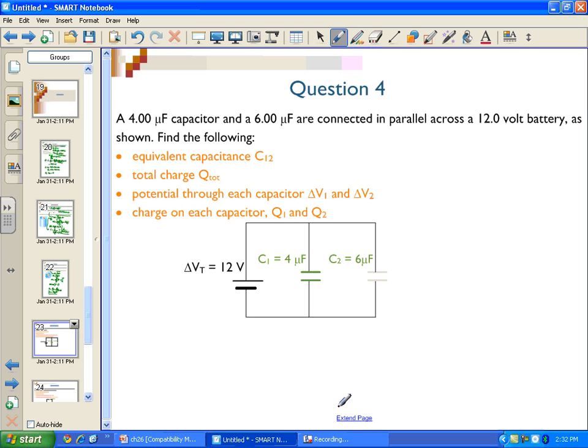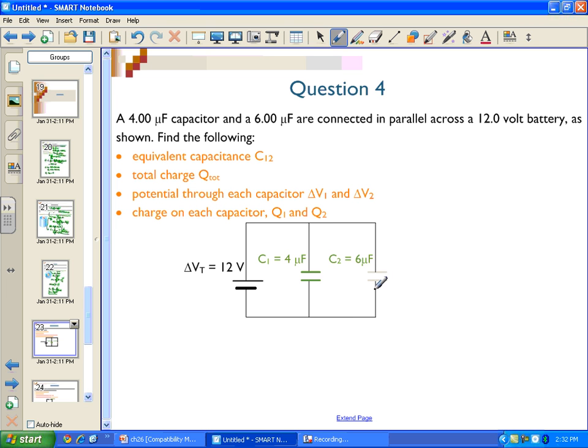Next question. Question 4 gives us two capacitors arranged in a parallel form. We have capacitor 1, 4 microfarads, capacitor 2, 6 microfarads, and you can see that it's parallel because the positive terminal of the battery here connects to both C1 and C2. The negative terminal connects both to C1 and C2.